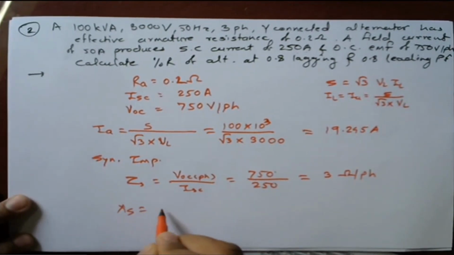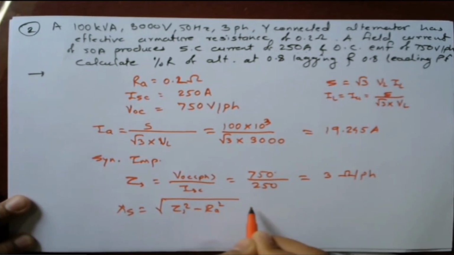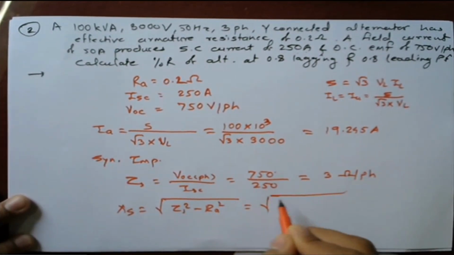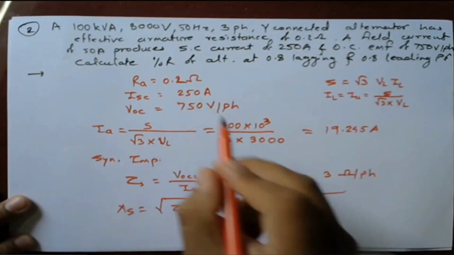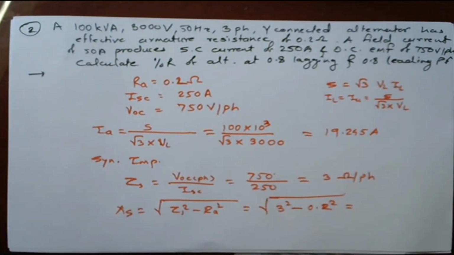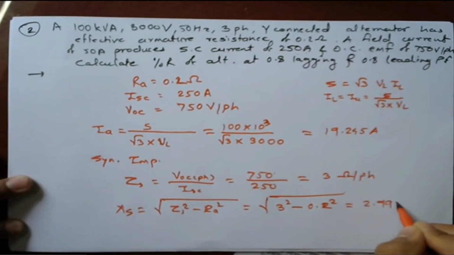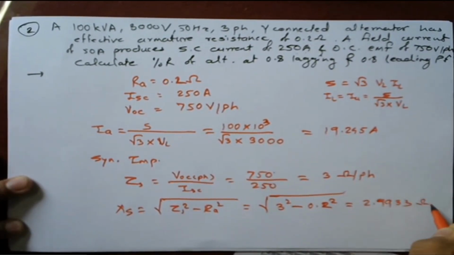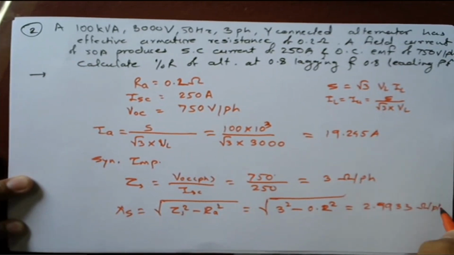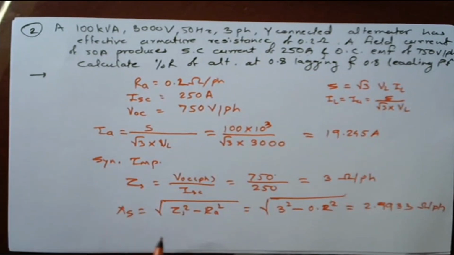So Xs will be the square root of Zs square minus Ra square. So 3 square minus 0.2 square. It is coming as 2.9933 ohm per phase. This is also ohm per phase. Okay, so Xs is known.